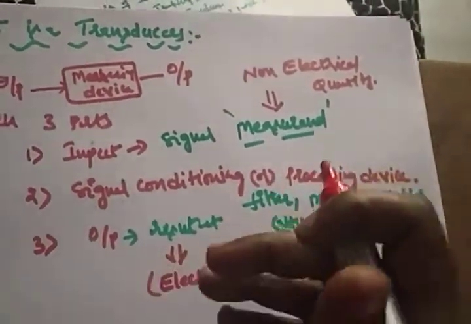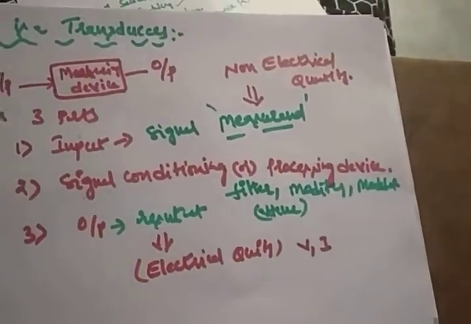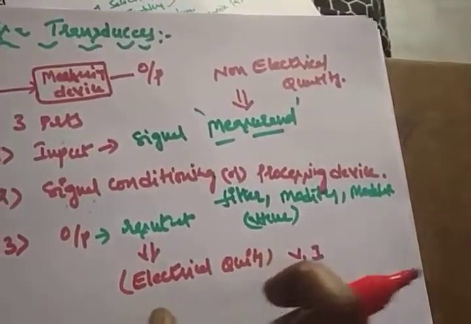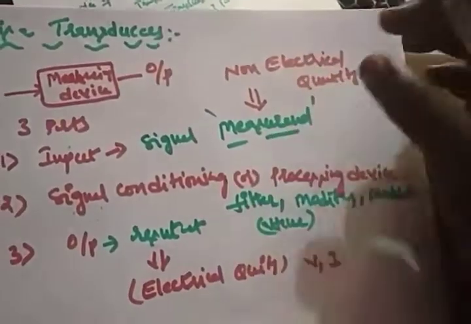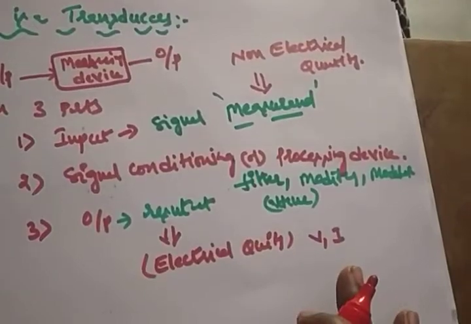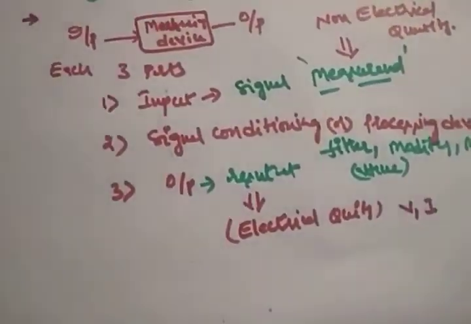If you get this voltage or current, you can operate more instruments, components and systems. So we always prefer the output as an electrical quantity. So for converting a non-electrical quantity to an electrical quantity, we require a device. That device we call a transducer. I hope it's clear, right?